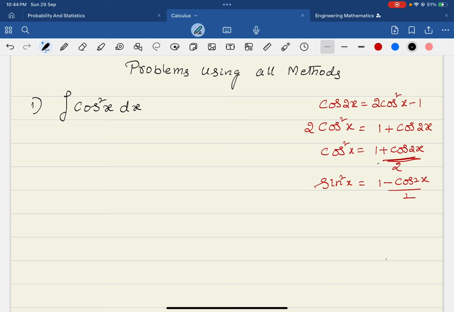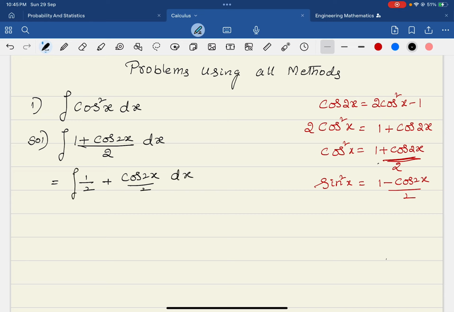Okay, so now let us see what the integral of cosine square x is. That means it is the integral of 1 plus cosine 2x over 2 dx. Now it is 1 over 2 plus cosine 2x over 2 dx. Like this you can do, or you can also take 1 by 2 outside and integrate 1 plus cosine 2x dx.